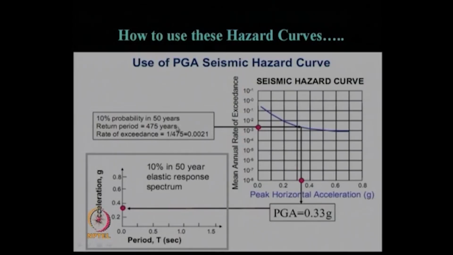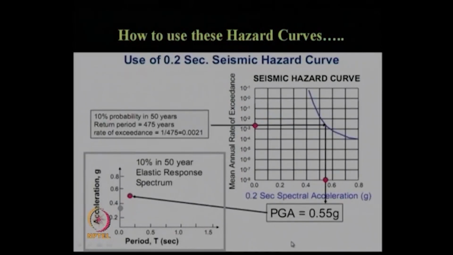It shows that for 475 years return period PGA comes out to be 0.33 G. So, this is the 0.33 in this scale, normal scale, this is also in normal scale. So, you plot that point. Next, what you need to do? You need to draw another seismic hazard curve which will give you the mean annual rate of exceedance of spectral acceleration corresponding to 0.2 second.